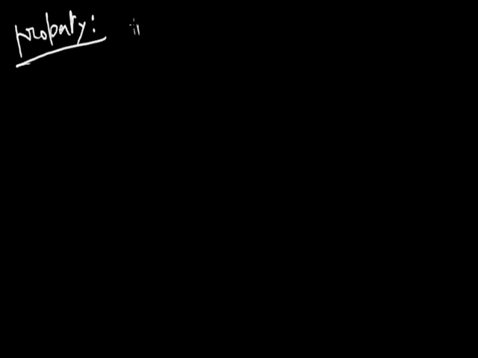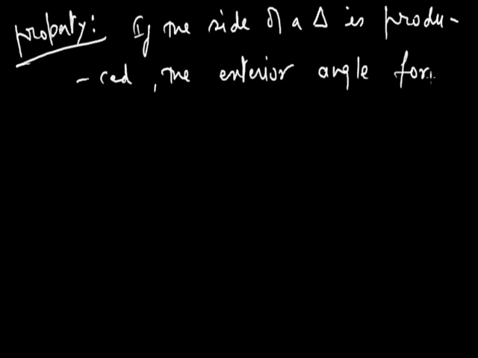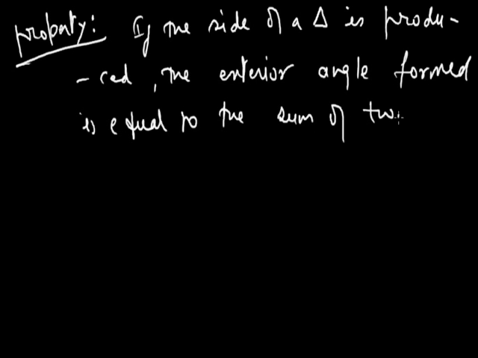What the statement is, if the side of a triangle is produced, the exterior angle formed is equal to the sum of two opposite interior angles.